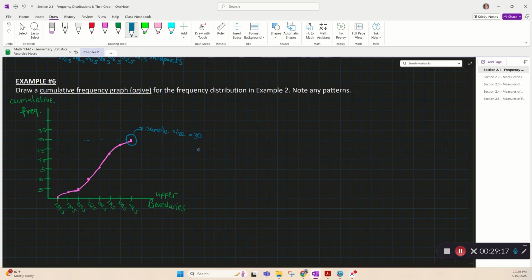Now, you could also look at the steepness of the line and say, well, the greatest increase is where the line is the steepest. So that would be between 298.5 and 334.